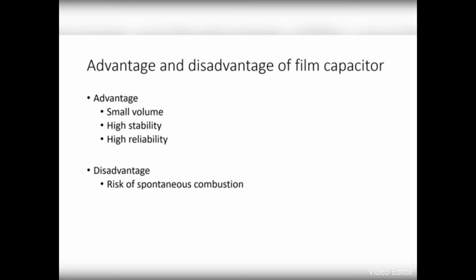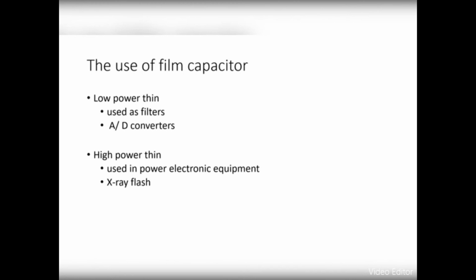But its disadvantage is that it may become combustible under overload conditions. Low power film capacitors are used as filters and AD converters, while high power film capacitors are used in power electronic equipment and X-ray flash in recent years.